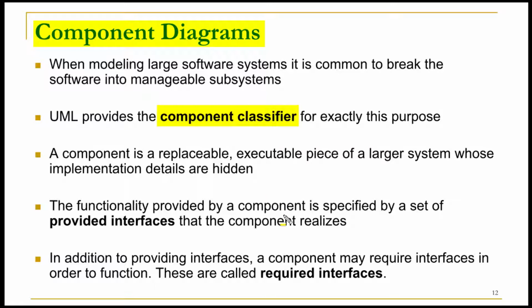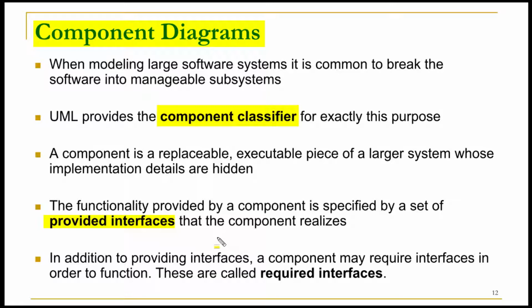The functionality provided by a component is specified by a set of provided interfaces that the component actually implements and provides. In addition to providing interfaces, a component may require interfaces in order to function. So there is a possibility that a component A provides a few functions.